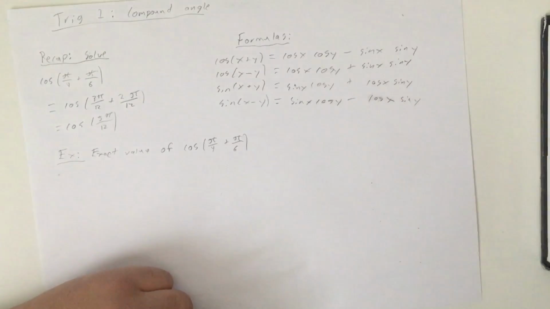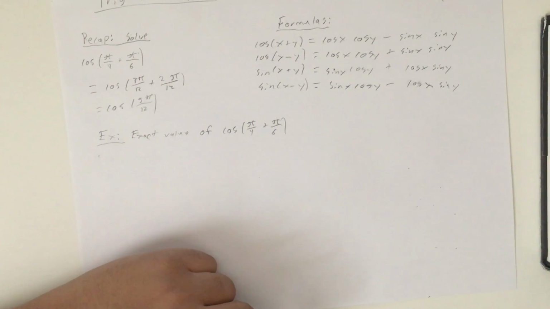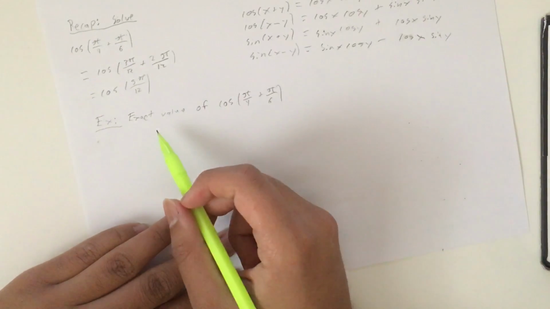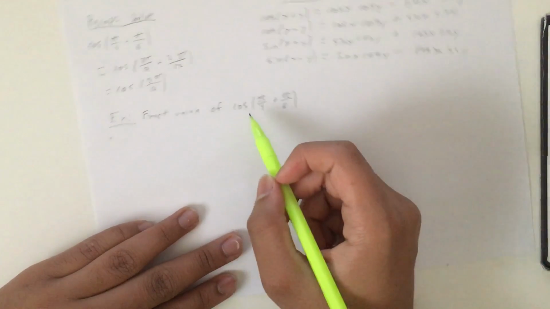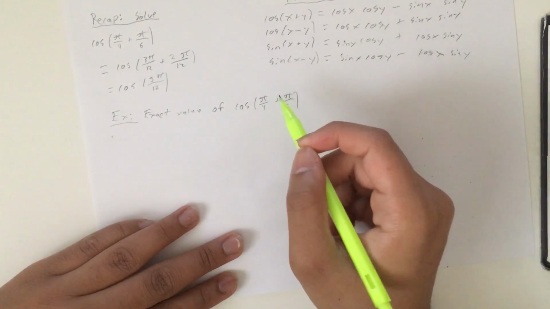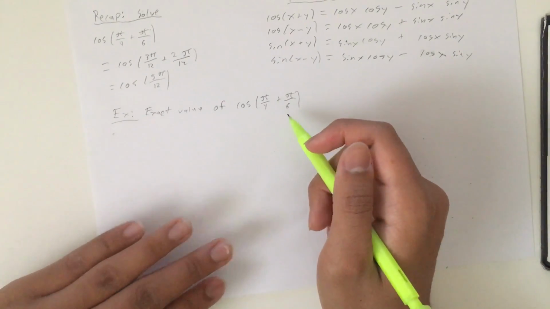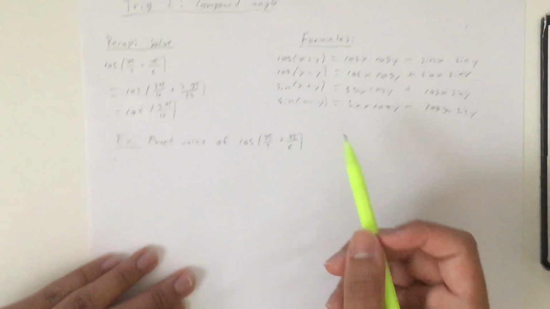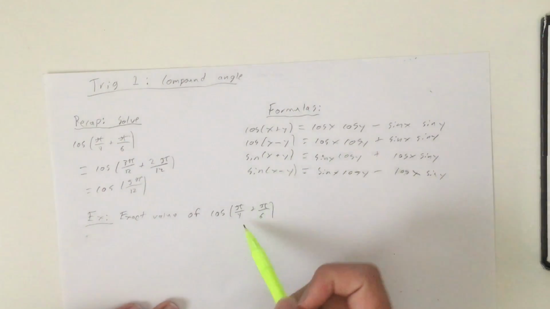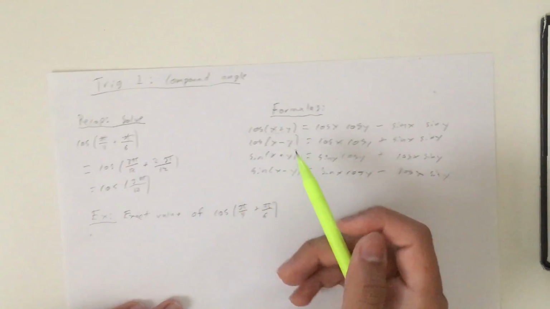So now I'll do an example with you. Determine the exact value of cos of pi divided by 4 plus pi divided by 6. So you would just go right into our equations. As you can see, they're adding, so you'd use this equation.